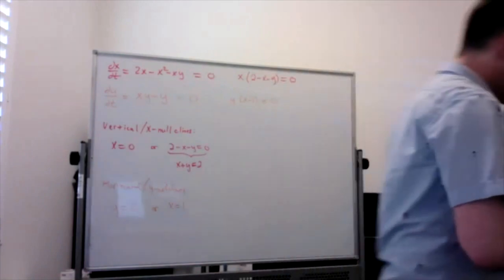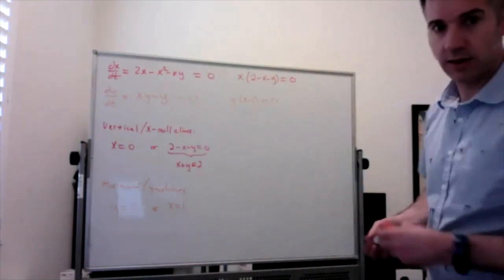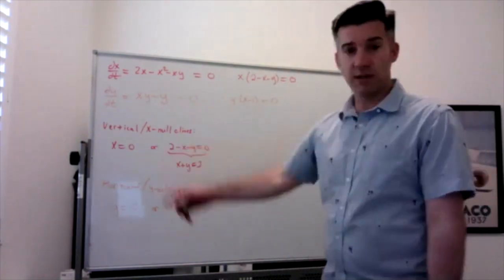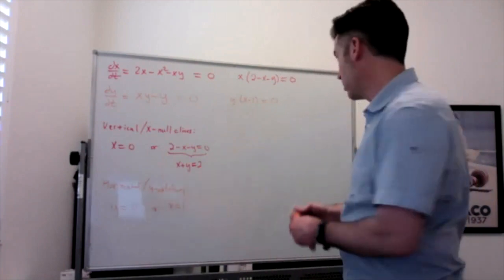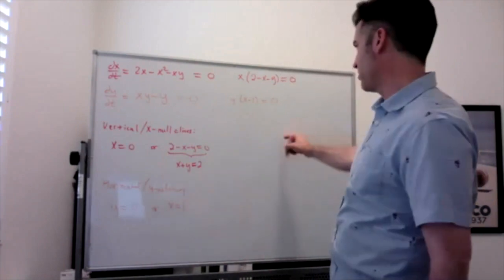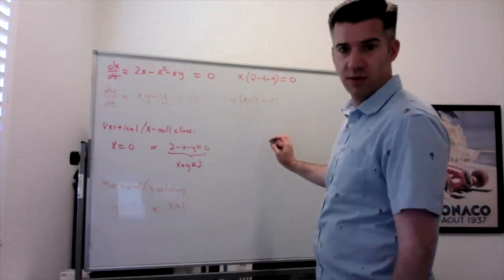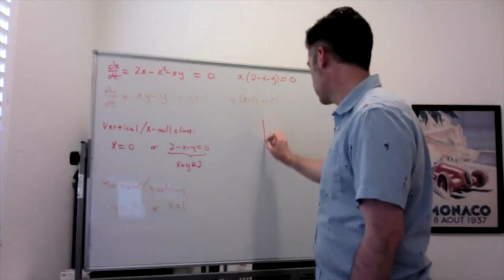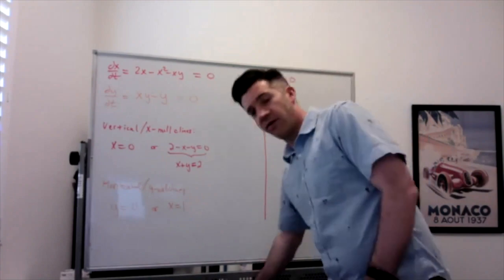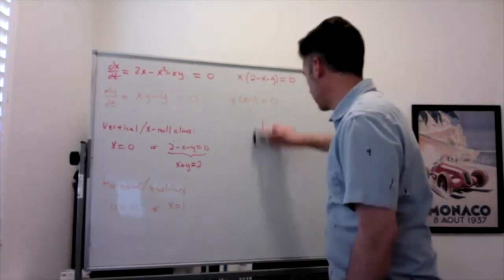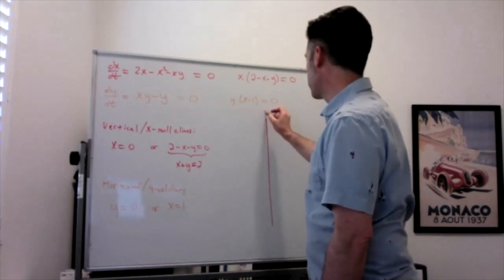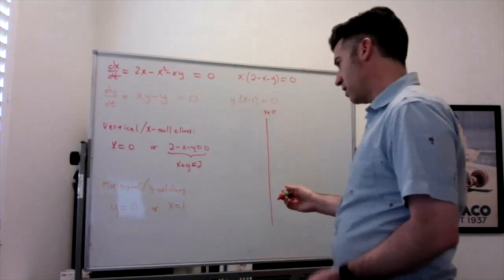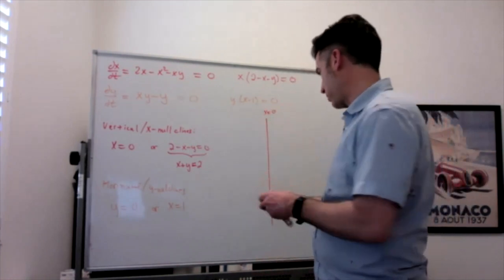Okay. So let's draw things. So x equal to 0 is the vertical axis. Y equal to 0 is the horizontal axis. Let me try to make enough room. Wow, that's not a very good vertical line. Let's try that again. So here's x equal to 0. And then we're also going to have y equal to 0.